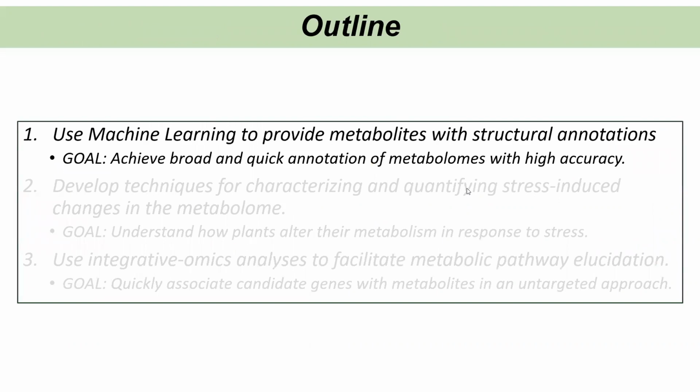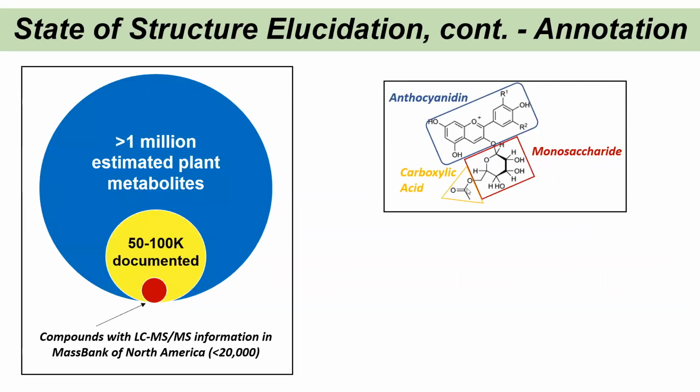The rest of my talk is going to be devoted to my thesis research, which again is trying to alleviate these different bottlenecks. The first one is the structure elucidation bottleneck. The objective: we've used machine learning to provide metabolites with structural annotations. The goal of this is to achieve broad and quick annotation of metabolomes with high accuracy. I do want to give a little more background before I go into the results.